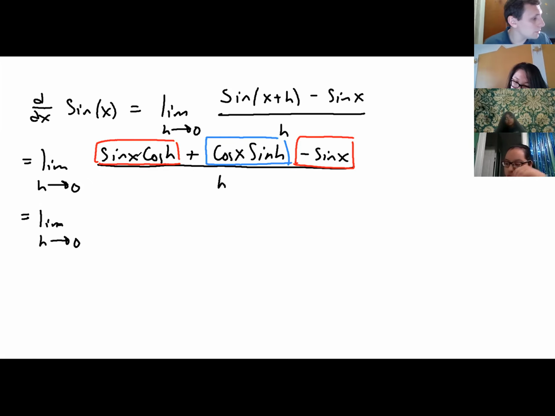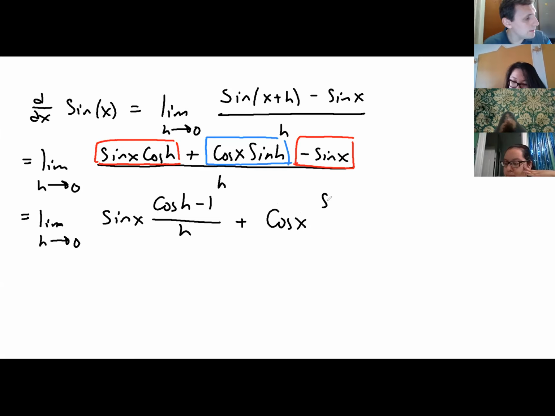If I just factor out sine from the red, I get sine x times cosine h minus 1 divided by h, plus, here I factor out cosine, and here I have sine h divided by h. You see? So here is the red part, and here is that blue part.